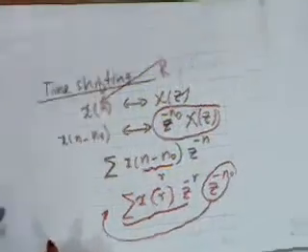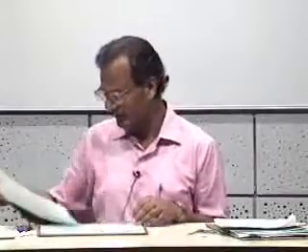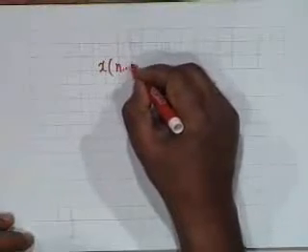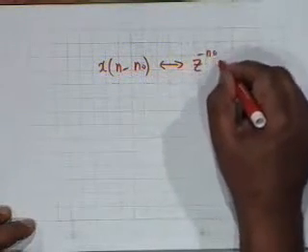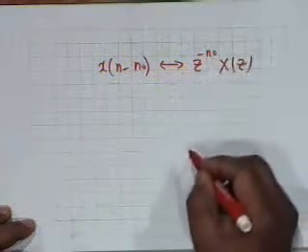Let us look at this a little carefully. One often makes a mistake in this. We have said x of n minus n0 is Z to the minus n0 capital X of Z.